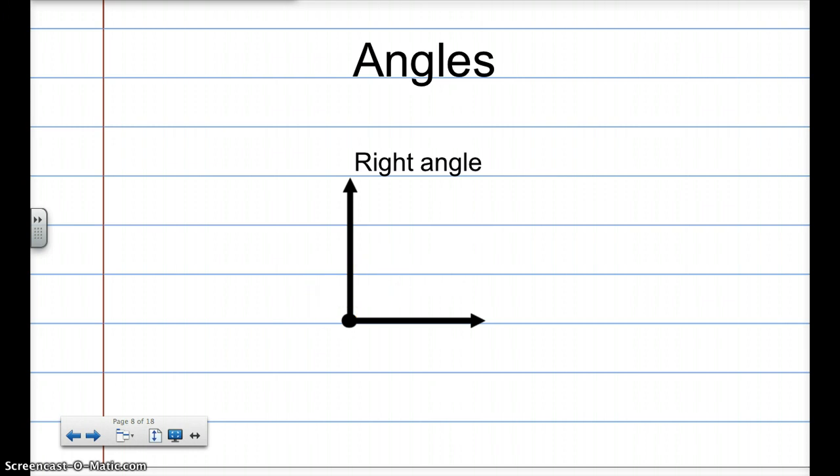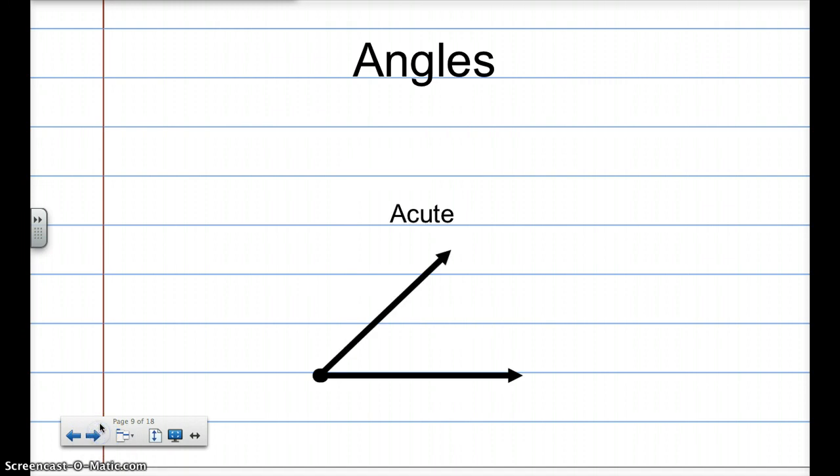I can draw a box in there, and if I stuck a piece of paper in there, it would fit perfectly because this is 90 degrees in here. So that is why this is a right angle. It's perfectly straight up, straight down, perfectly 90 degrees. This is an acute angle.